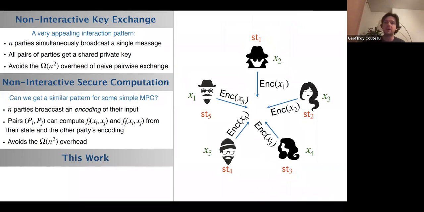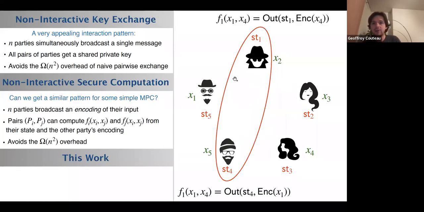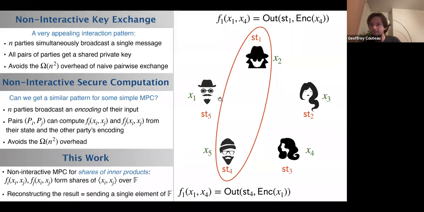Here what I would want would be to have n parties who broadcast an encoding of their input, and then any pair of parties could securely compute locally, without any further interaction, their outputs, for some pre-specified function, f_i of x_i, x_j and f_j of x_i, x_j. And again, if you could do that, then you would have this nice feature of avoiding the n² overhead of having each pair of parties securely compute the function.